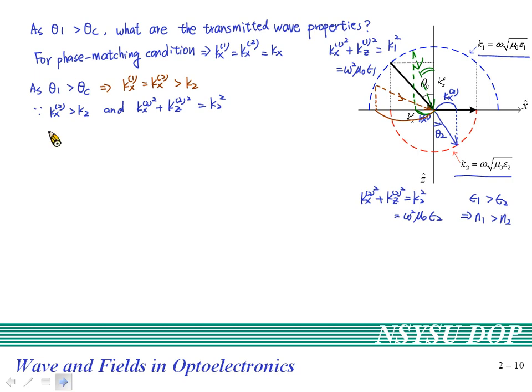So, to satisfy both conditions, we conclude that kz2 squared should be smaller than 0, which means kz2 squared is a negative value. Okay? So we will say that kz2 is purely imaginary.